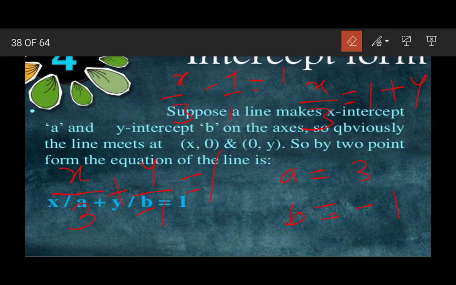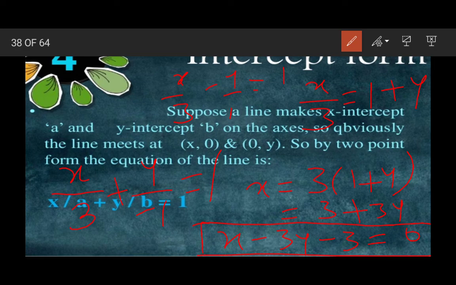So x is equal to 3 into (1 plus y), so 3 plus 3y. So x minus 3y minus 3 equal to 0. This is the equation of a line.